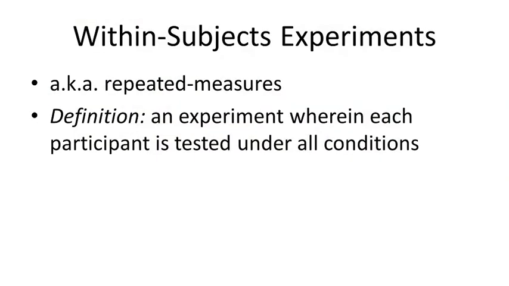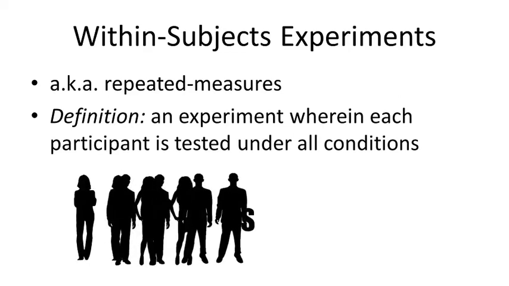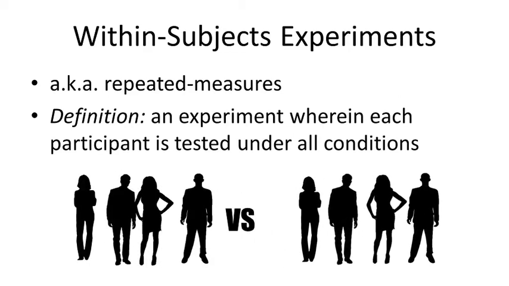So this kind of design, these kinds of within subjects experiments, or you could call them repeated measures experiments, this is where you take one group of people and you measure them under all conditions. So all participants are measured under all conditions. And as I was saying, this allows you to have a much smaller subject pool as a result, because you're just comparing one group to itself.